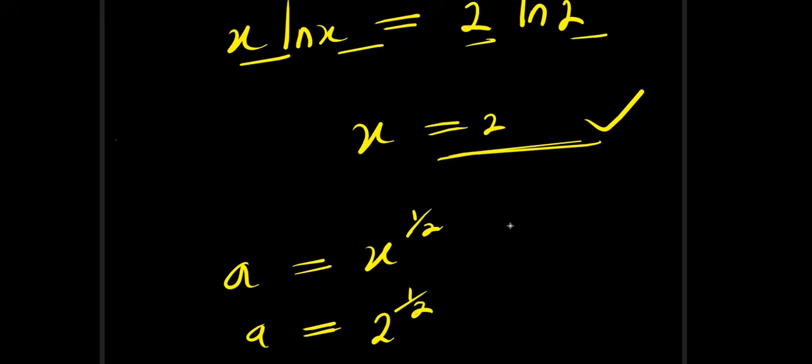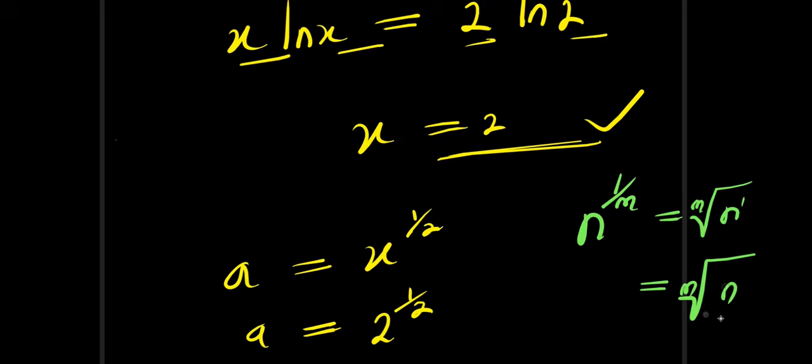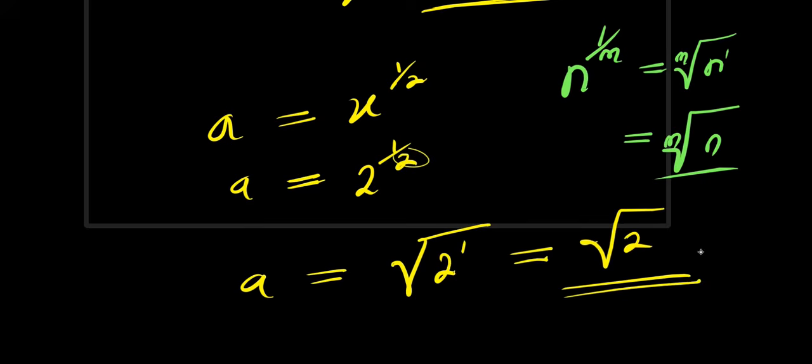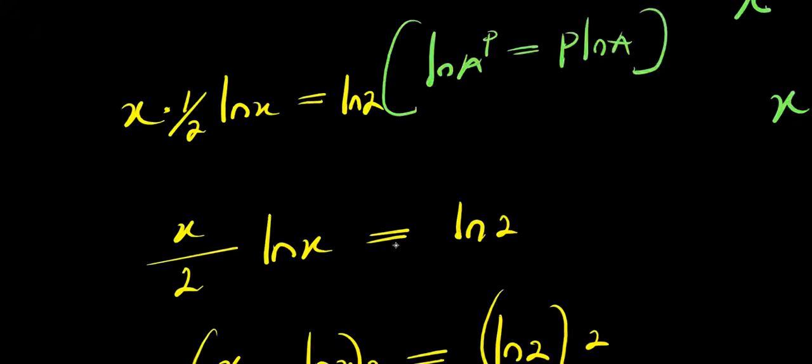And if you have n^(1/m), this equals the m-th root of n^1, which is the m-th root of n, because n^1 is n. That means we have a equals a square root, because this is 2. We have square root of 2^1, which is the square root of 2. So that is the value for a.